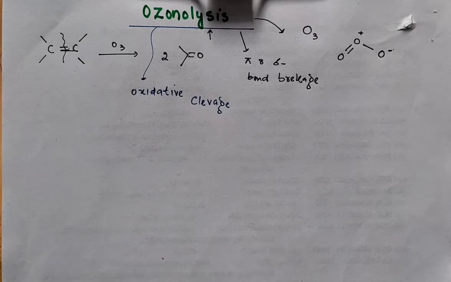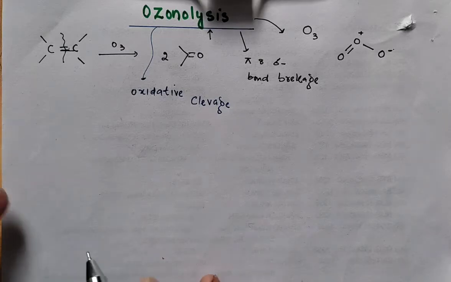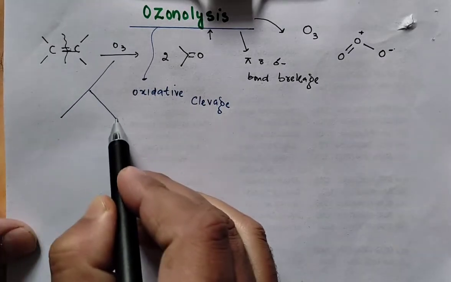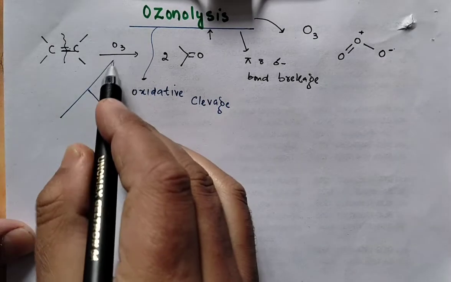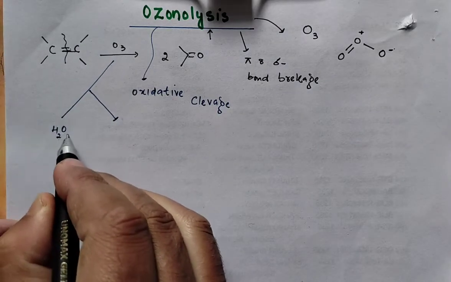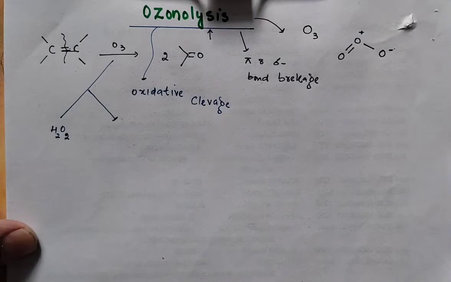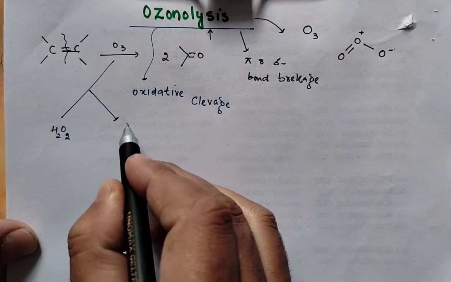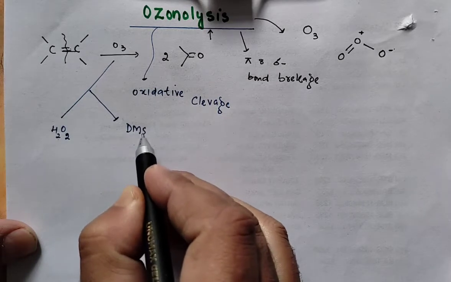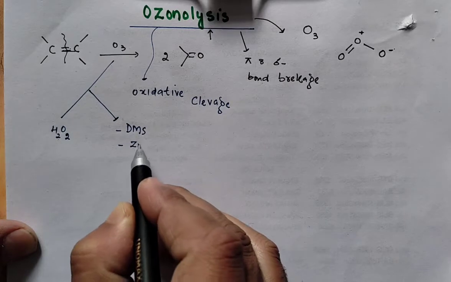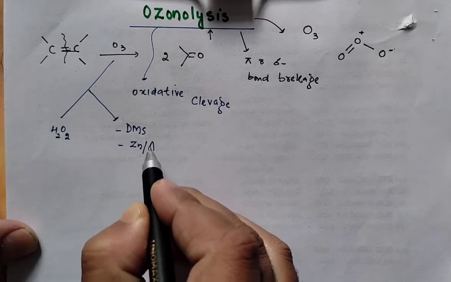That's the definition. Now the important thing is, we use ozone, but this ozone can be used under two conditions. One is you can use ozone in presence of peroxide, that's an oxidizing agent; or you can use ozone in presence of dimethyl sulfide, or you can use ozone in presence of zinc and acetic acid.